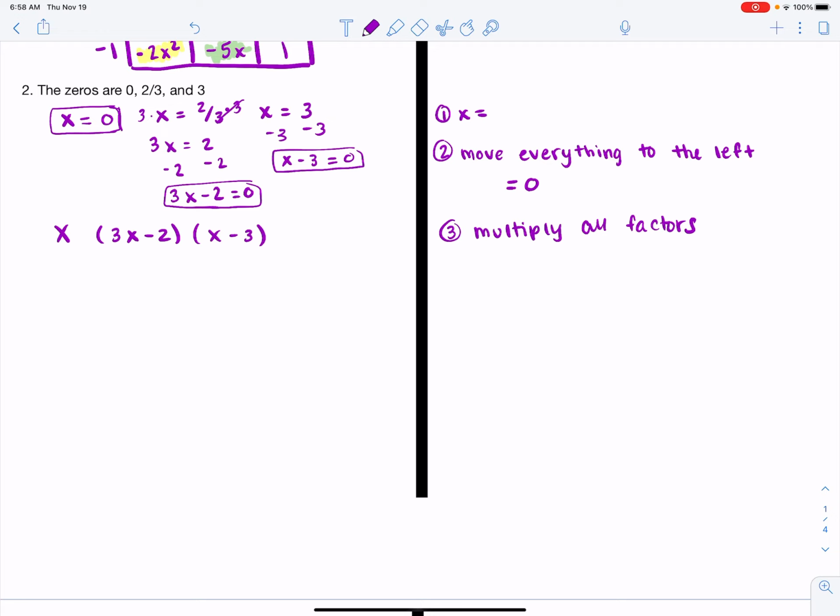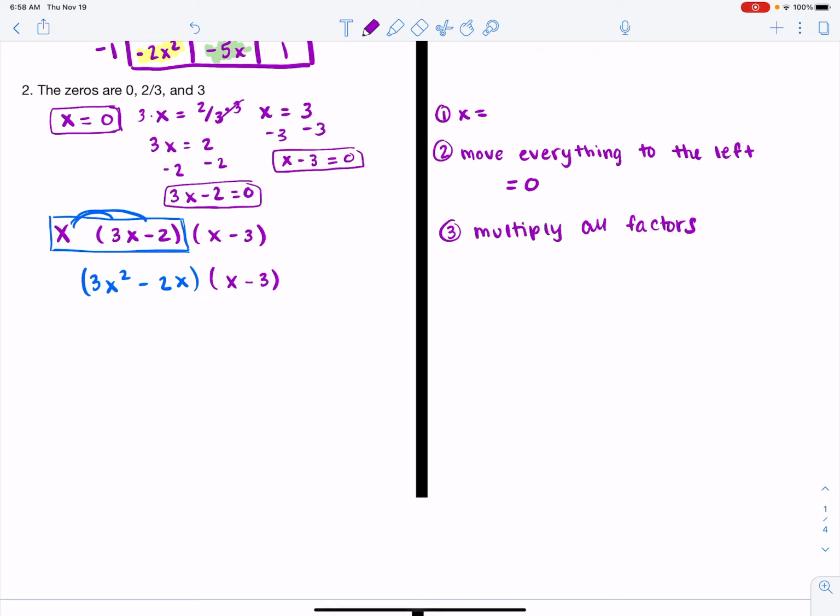So I'm first going to multiply the x and the 3x minus 2. Okay, so x times 3x is 3x squared. x times negative 2 is negative 2x. There's no like terms to combine, so now I take that factor and I multiply to this factor.